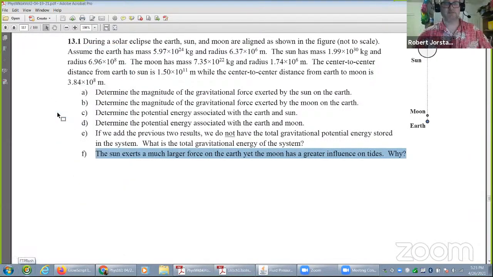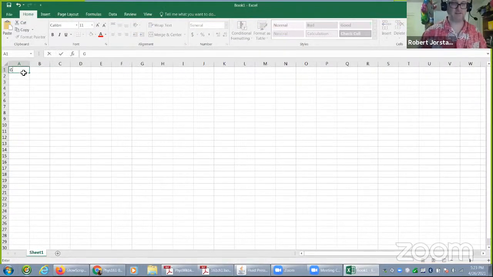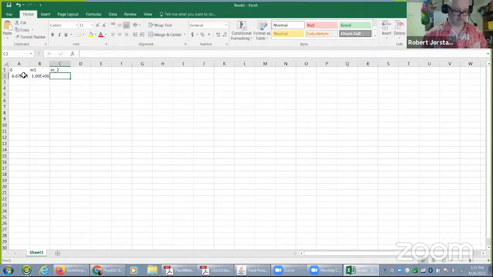Let me see if this helps. I'm just going to do a quick calculation here. All right, so let's just punch in some constants. Let's forget about units. Let's say there's a mass 1 of 1E6, and let's say mass 2 is equal to 1E6.